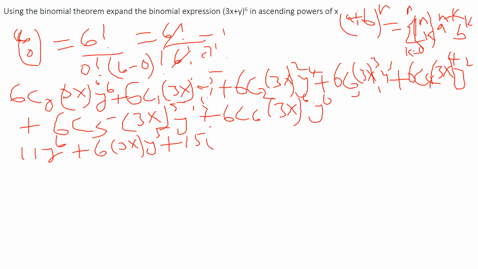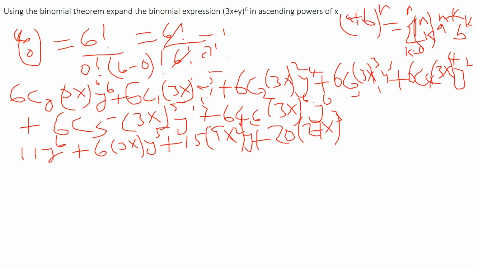Then 3 squared is 9, so we are going to have 9x squared, then plus the other one we have 6 choose 3, and this one will give us 20. Then 3 raised to power 3 is 27, x cubed.